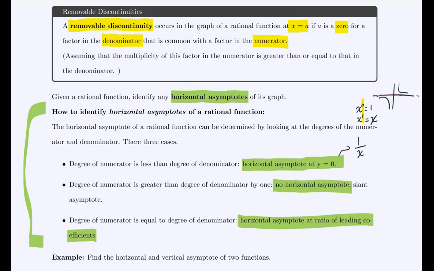Either the leading exponents are equal, in which case we can find the horizontal asymptote based on the ratio of the leading coefficients, or the exponent of the numerator is higher than the denominator, so there's no horizontal asymptote, or the exponent of the denominator is higher than the numerator, in which case the horizontal asymptote is at y equals 0. Let's work through some examples related to this.